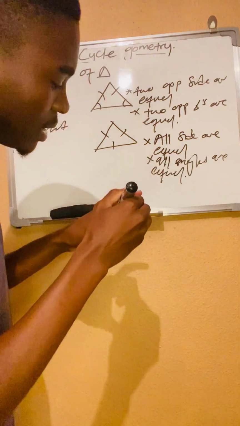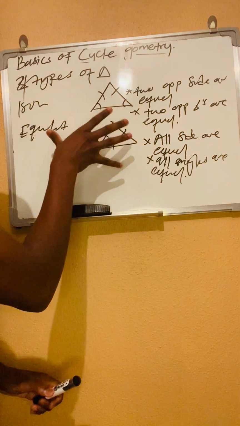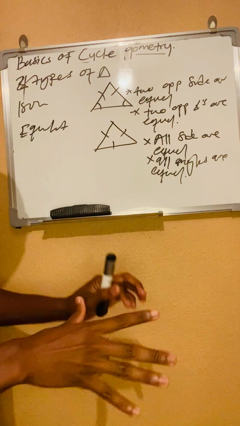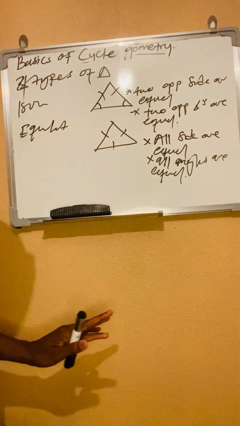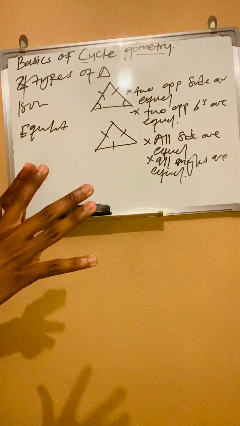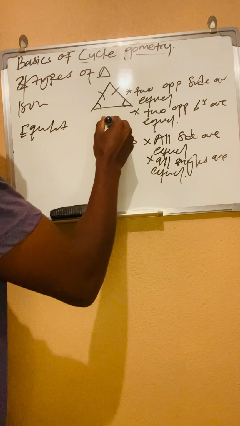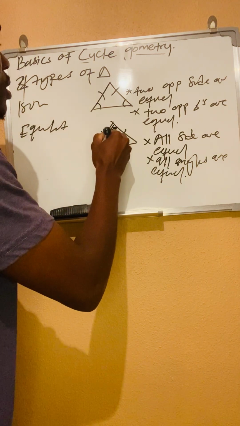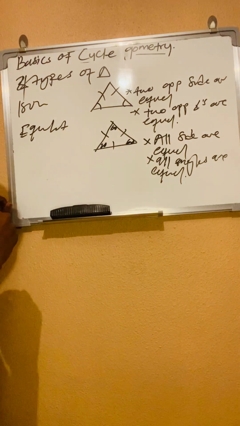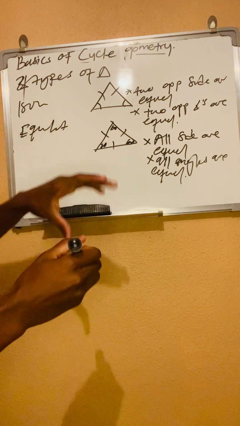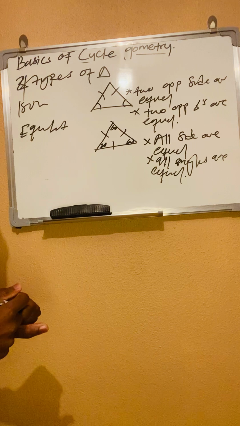So in this triangle, everything is equal, which means we're gonna have 60, 60, 60. This is your equilateral triangle.